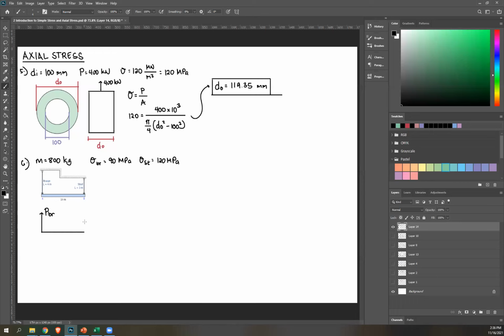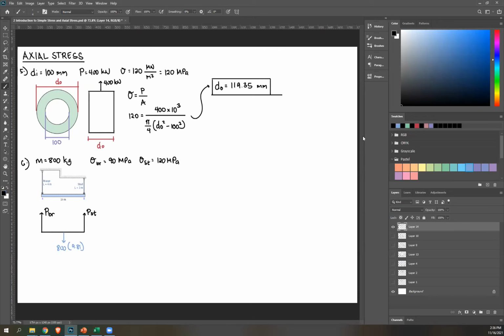And then here, steel, again, away from your object. So PST for internal load on steel. And then this has mass. Mass is given, so you have to include that. And with mass comes weight. So weight is just mass times gravity. So that's 800 times 9.81.